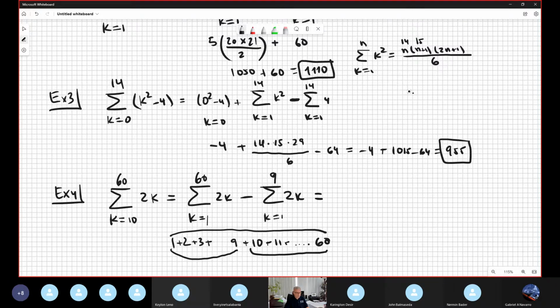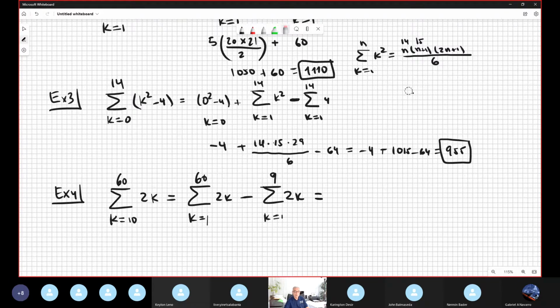Now the rest is pretty easy. These two are factored out. Why not? It's a common factor, and you have the summation from k equal 1 to 60 of k alone minus another summation from k equal 1 to 9.